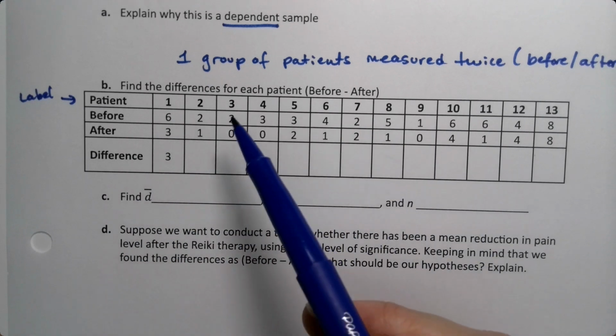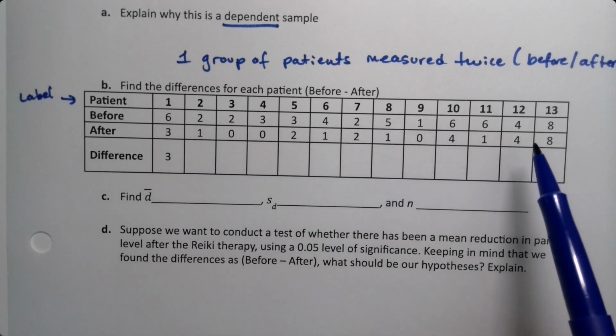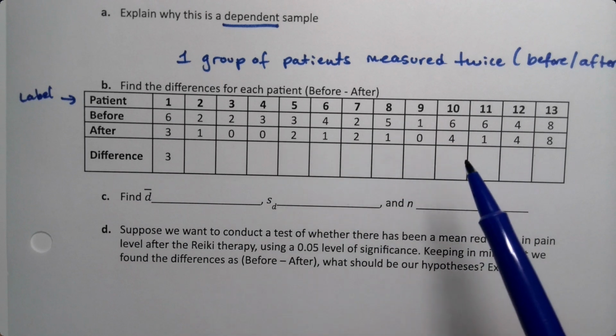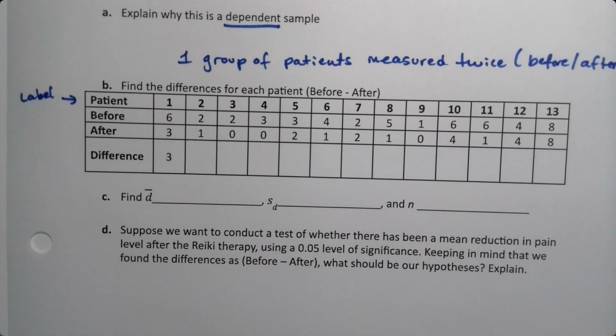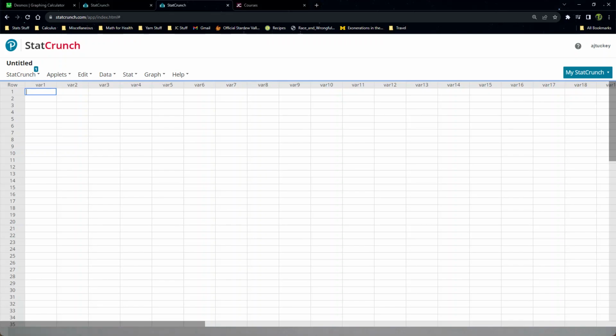Now, I recognize that we are all capable of doing this subtraction in our heads and coming up with our numbers, but I want to show us how to do this in StatCrunch. So let me go to StatCrunch. I'm going to type in these values. So I'm going to pick a column here. I'm going to type before, and then I'm going to type the numbers in.